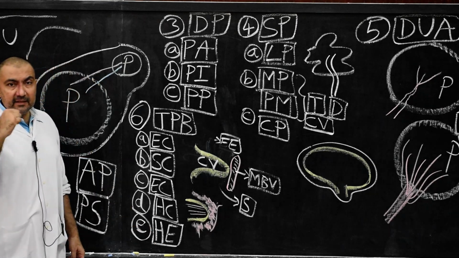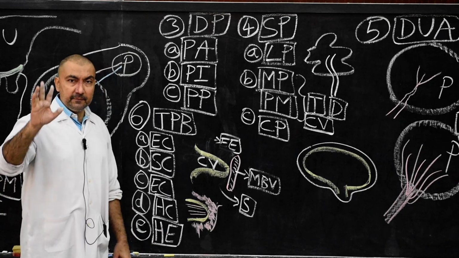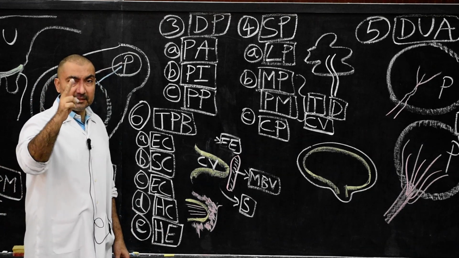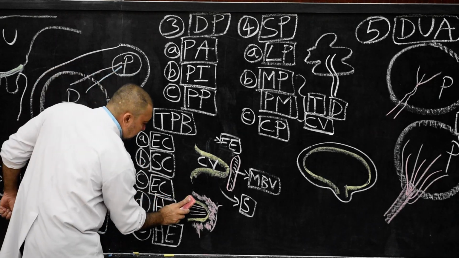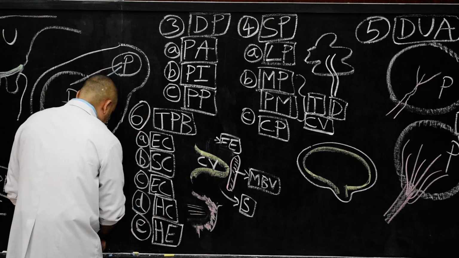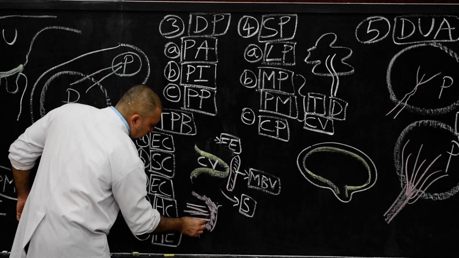In hemoendothelial, the maternal blood and fetal blood will be separated only by the endothelial lining of the fetal blood vessel. So now, what will happen? This will disappear, and therefore the maternal blood is separated from the fetal blood.